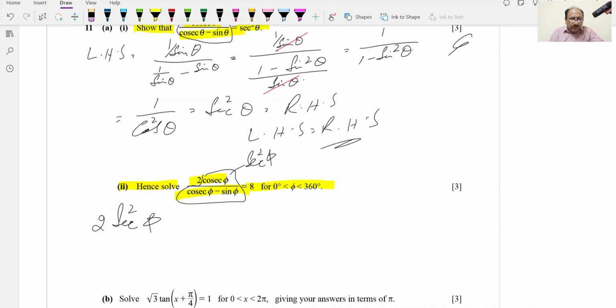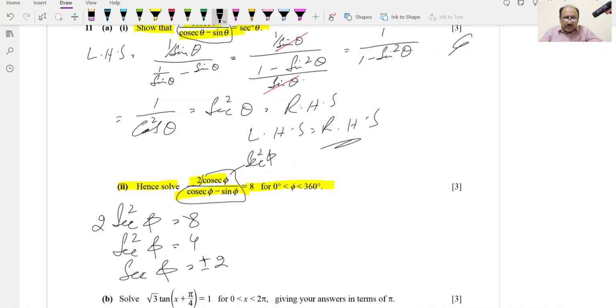So sec² φ will be equal to 8 by 2, which is 4, and sec φ will be equal to plus minus 2.